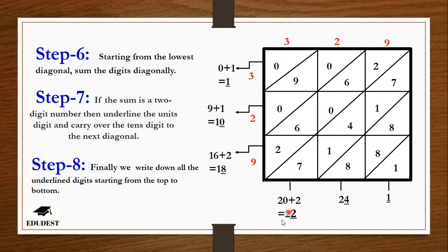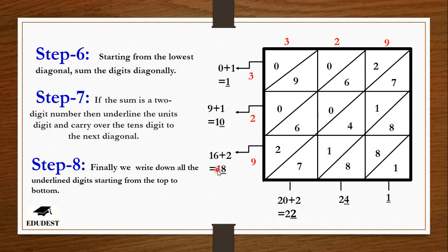Now the total sum comes to 22, which is again a 2-digit number. According to step 7, we need to underline the units digit and carry forward the tens digit to the next diagonal. Now the fourth diagonal. Here the total sum is 2 plus 6 is 8, 8 plus 6 is 14, 14 plus 2 is 16.